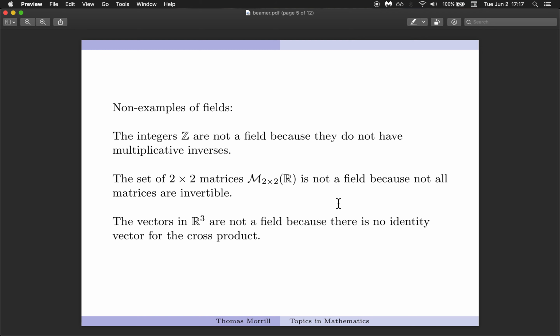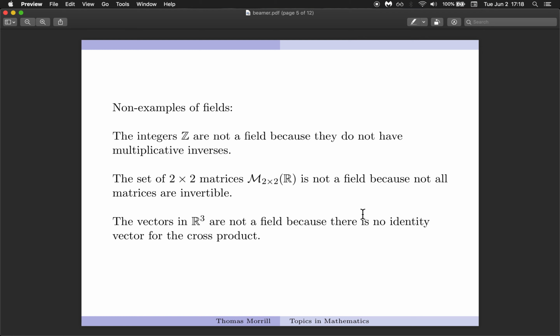Another example, so you may not be familiar with this notation. This M subscript 2 by 2, parentheses R, this is the set of all 2 by 2 matrices with real coordinates, right? So you've got some matrix A, B, C, D, and A and B and C and D are all real numbers. That's the set that I'm talking about. And if you've done linear algebra, then you know that there's actually an addition we can do on matrices, and there's a multiplication we can do on matrices.